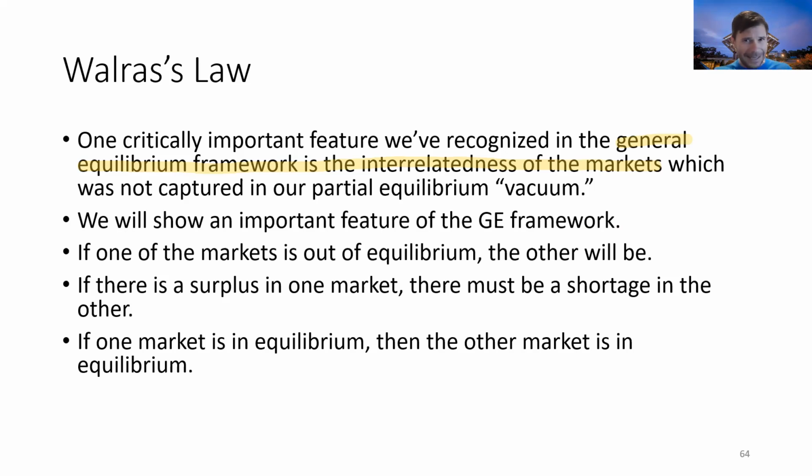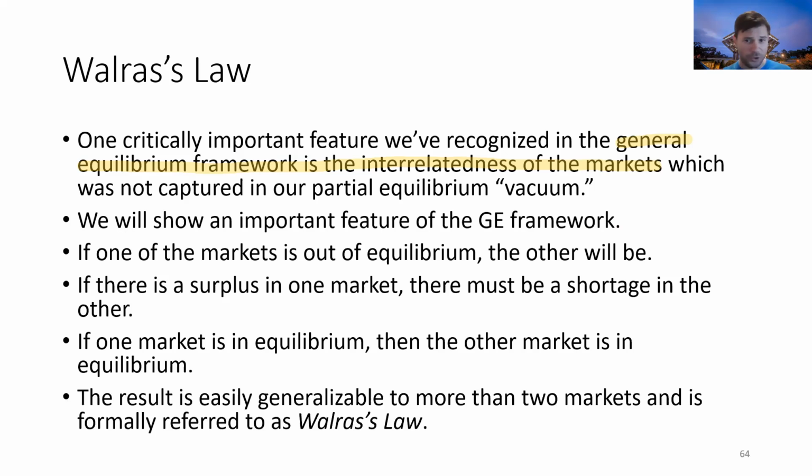And we can fairly easily generalize this result to more markets, but we have to be a little careful about how we interpret that. Okay, the 2 market case is very special because there's only 2, one and the other. But if you have 3 markets, then the result is a little different in how it generalizes, but it generalizes in still an important way.